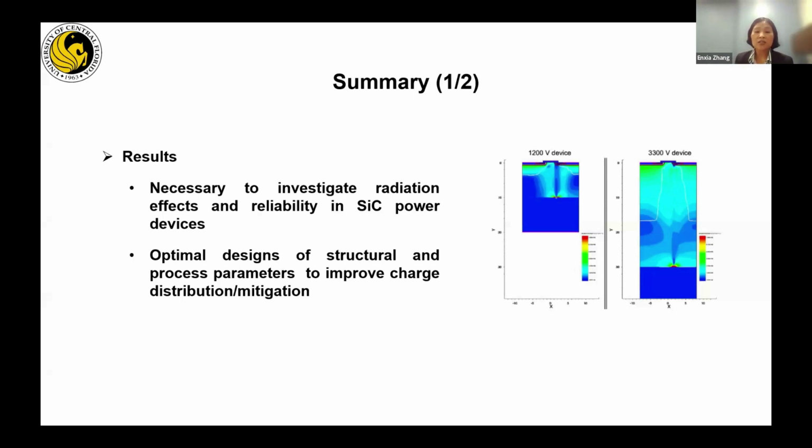This is actually a typical example for all the devices and circuits in microelectronics. You can do structural design to mitigate the charge, and by processing, you can also improve the reliability in all the devices. So from design to fabrication, every step matters. That's how we need to work together to get all the disciplines integrated, and we can improve the reliability of space electronics.